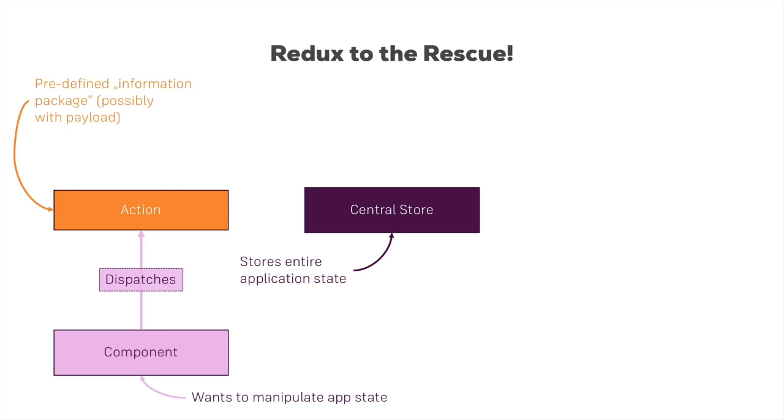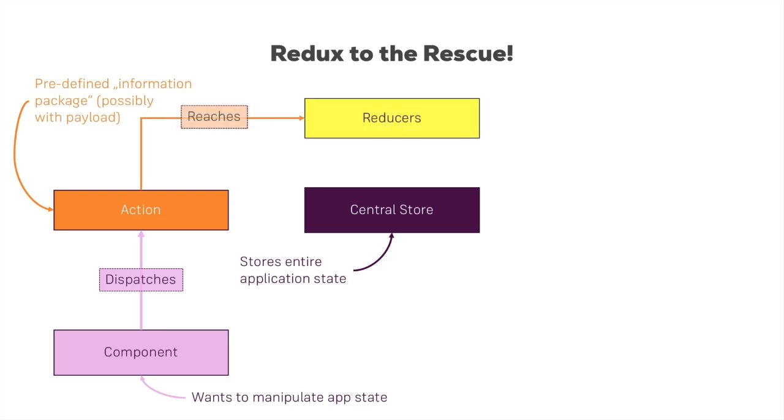That action doesn't directly reach the store. That action doesn't hold any logic. It doesn't know how to update the store. It's just a messenger. The thing changing the store is a reducer. Now here I've written reducers because you actually can combine multiple reducers into one. But in the end, you'll end up with one root reducer, which is directly connected to your store.